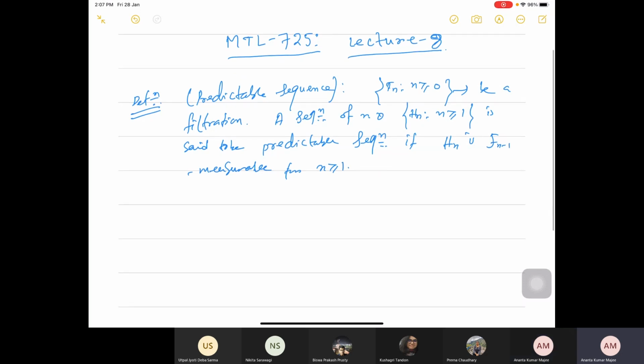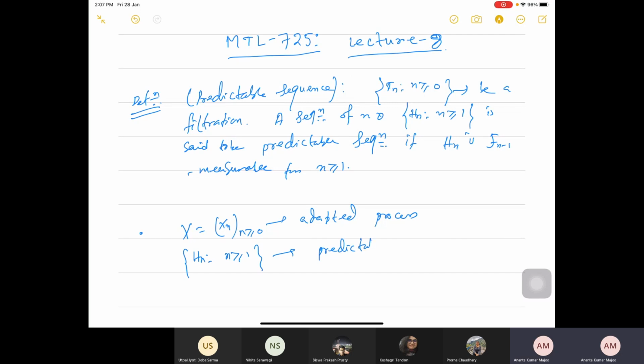And now, if I have some adapted process, say X, which I denote as Xn, for n greater or equal to 0, this is my adapted process. And then I have my Hn, which is my predictable process.